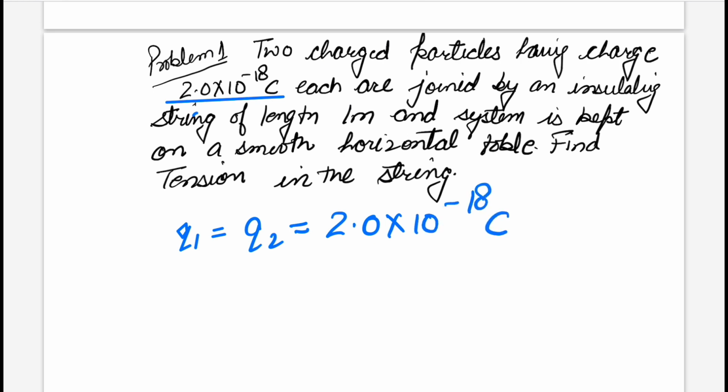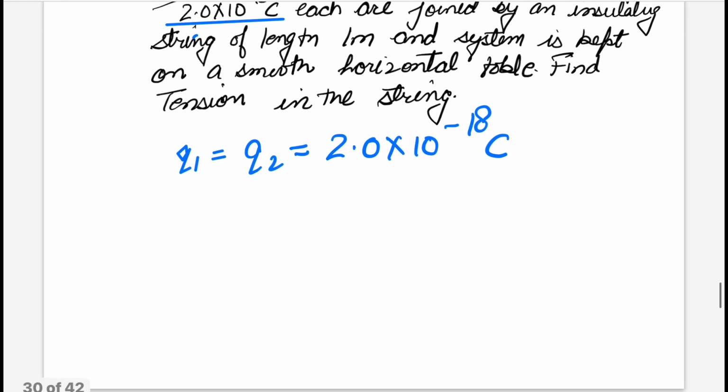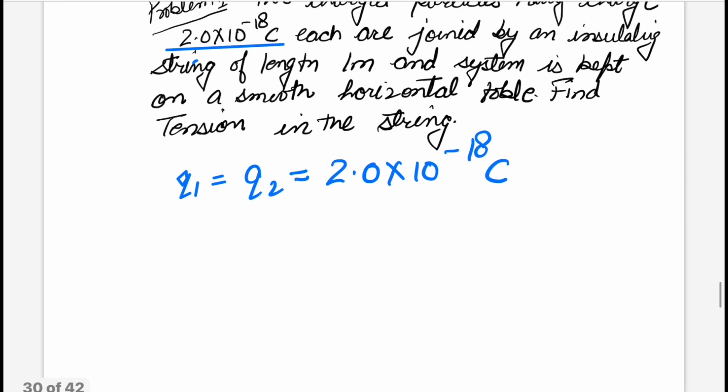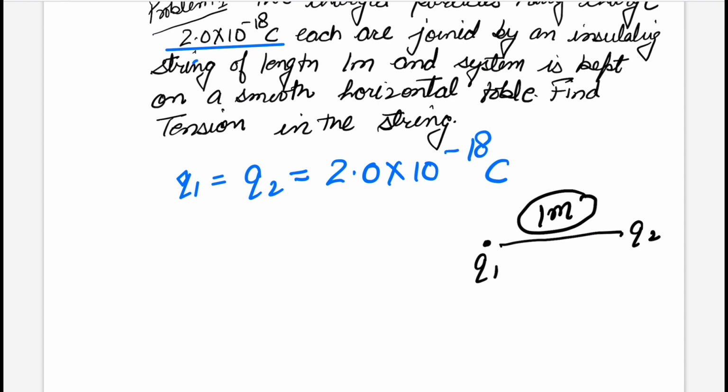That is the value of charge, right? They are joined by an insulating string, means that you have two charges. The first charge is Q1 and another charge is Q2. They are joined by an insulating string of length 1 meter. What does it mean? It means that the distance between the charges is 1 meter, right?